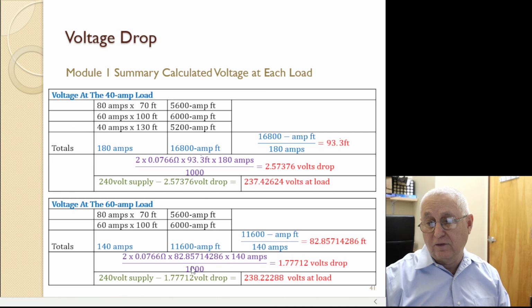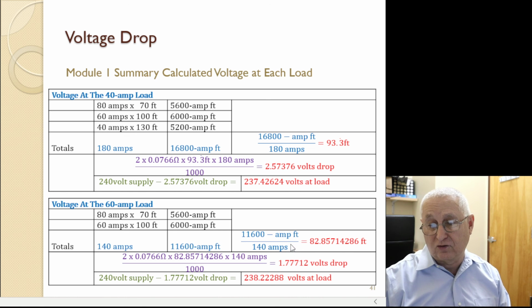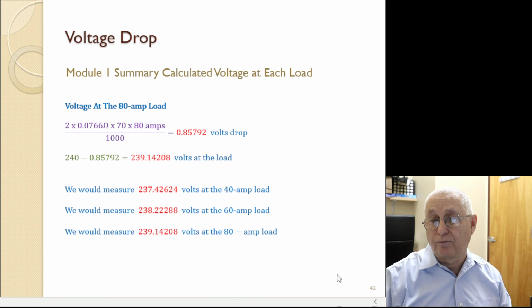We put this into the equation and we find that we're dropping 1.77712 volts. If you go back, you'll see that we actually had that number when we calculated it a slightly different way. 240 volts minus 1.77712 volt drop equals 238.22288 volts at that load.